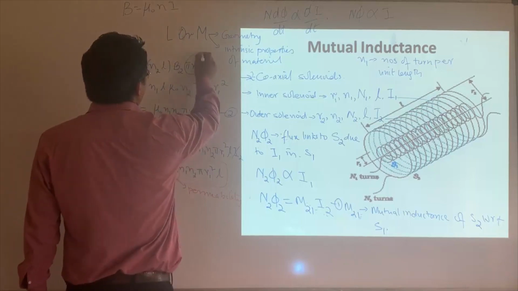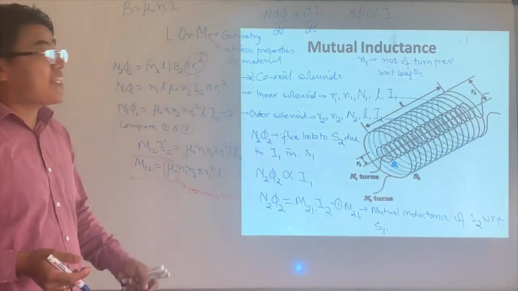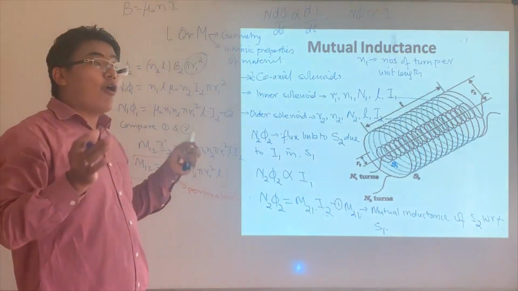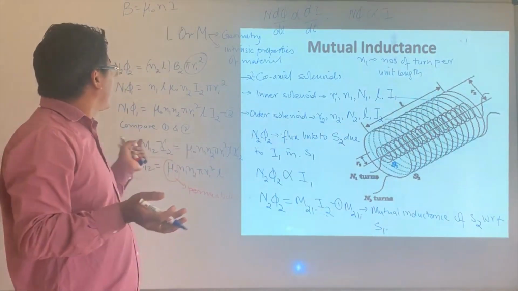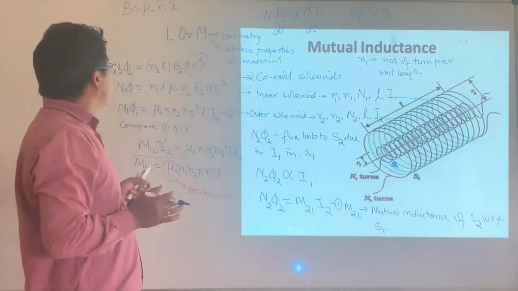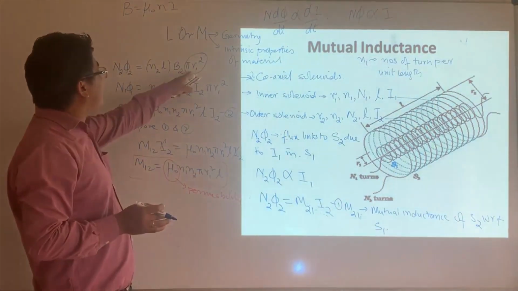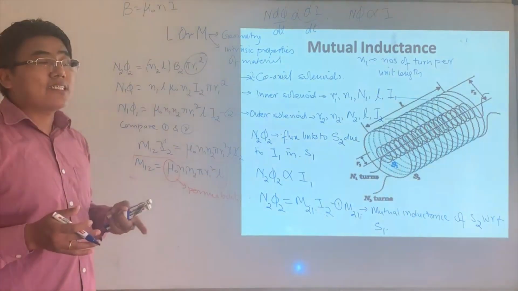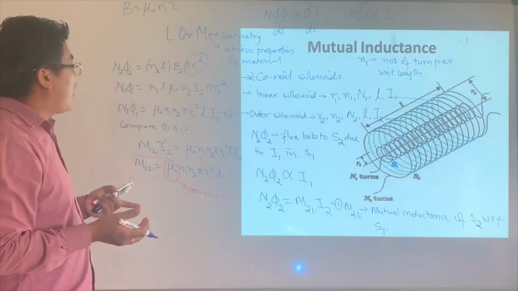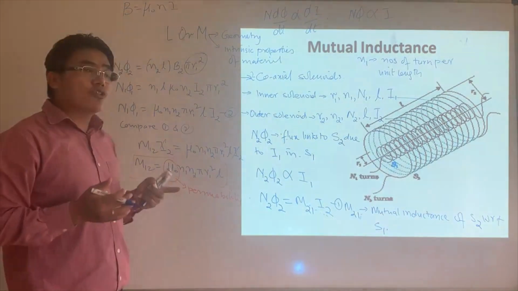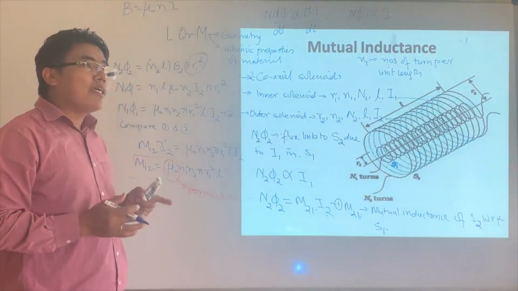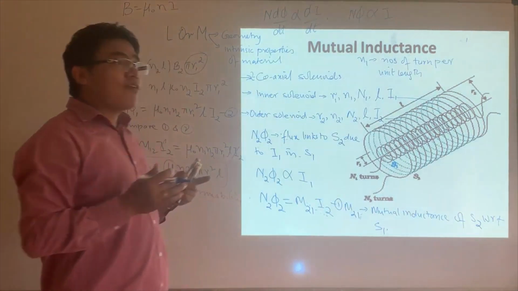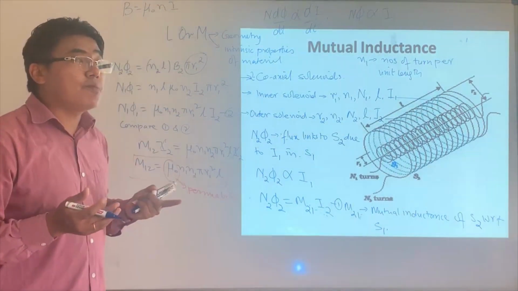You may feel that this area has to be the area of the second coil, the outer coil, but it is not so. It is the area of only the inner coil. The reason is that the magnetic field outside solenoid 1 is going to be 0.